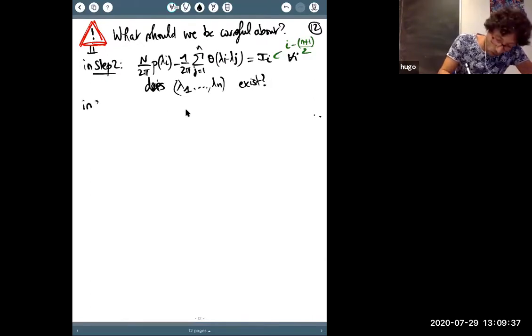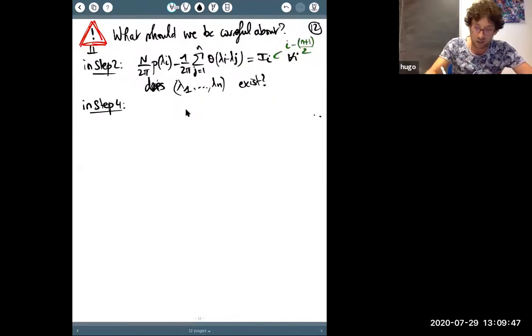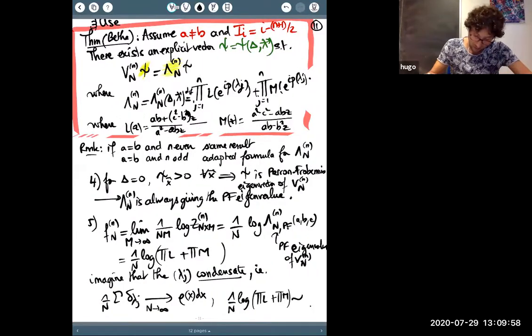Now step 3, which was the Bethe theorem, is just algebraic. There is no problem there. You can justify it in very easy ways. There is no mystery there. But in step 4, I was saying that I want lambda n to always be the Perron-Frobenius eigenvalue.